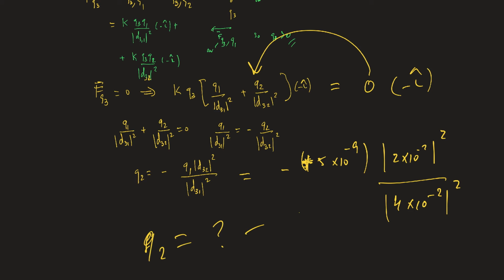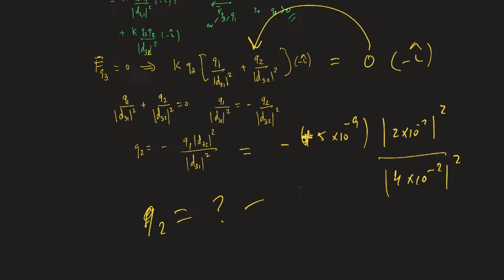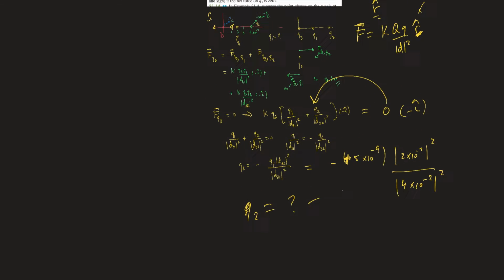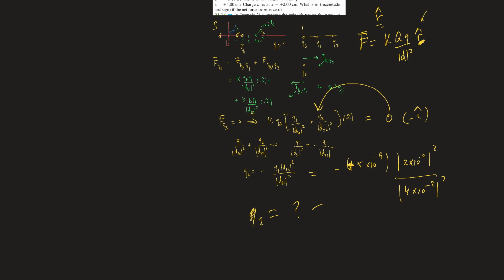Okay, done. Well, there is another way to do it that, of course, does not imply knowing what the vector R is. It is to find on Q3 the magnitude of the force acting on 3 due to 2, and now to find the magnitude of the force acting on 3 due to 1.